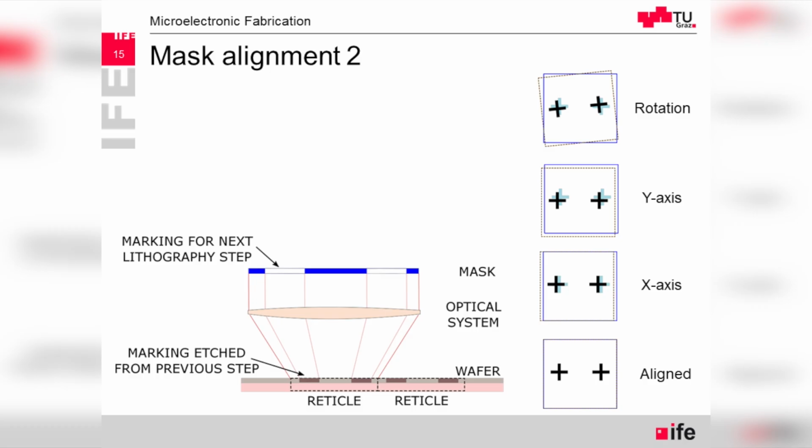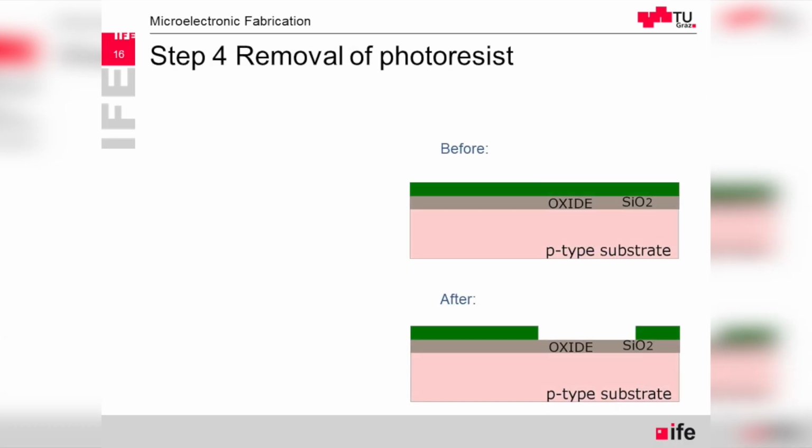There are several angles, the epsilon and x-axis as well as rotations, that have to be aligned. Only once the alignment is done, for each single reticle over the wafer, can the patterning take place. This is one more contributor to the precision with which we can define the features.